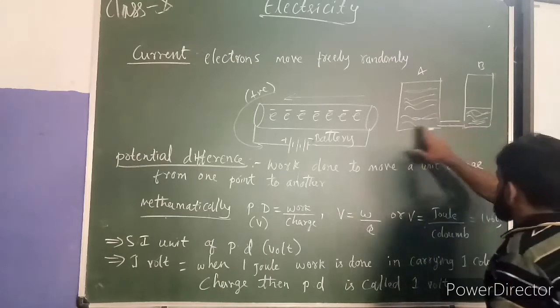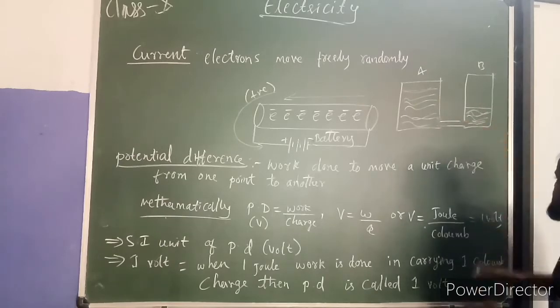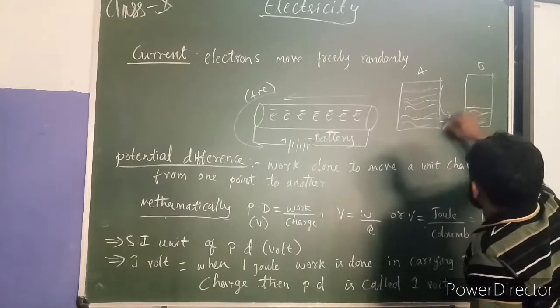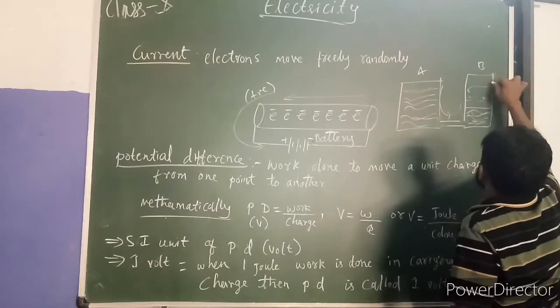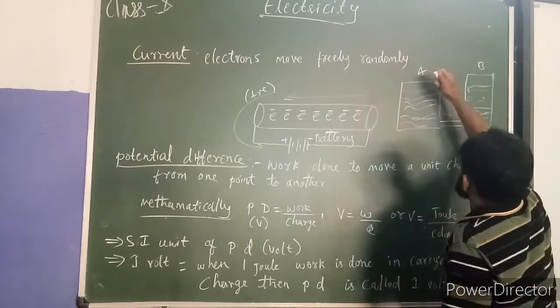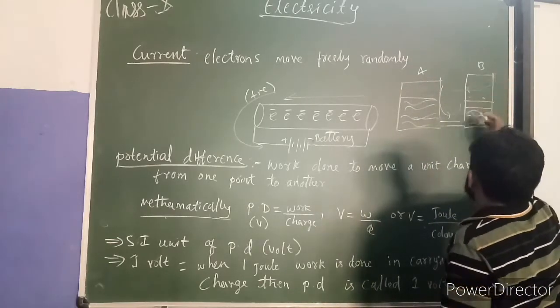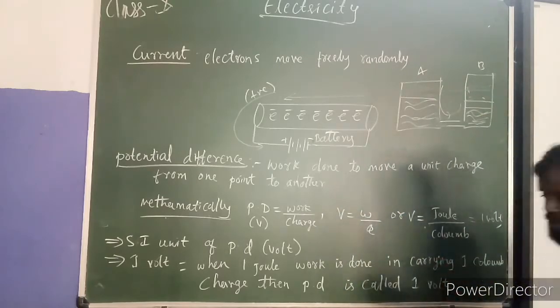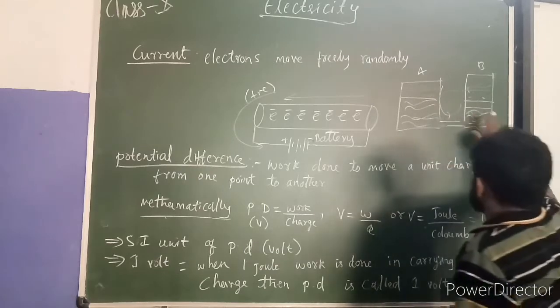If you connect a tube and open both sides, the flow will go from A to B and increase the water level up to the level. If it decreases here, it will increase there up to the level.